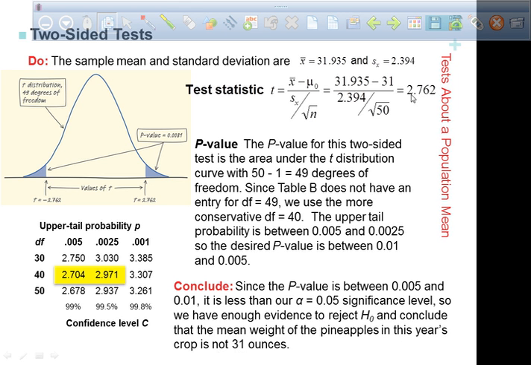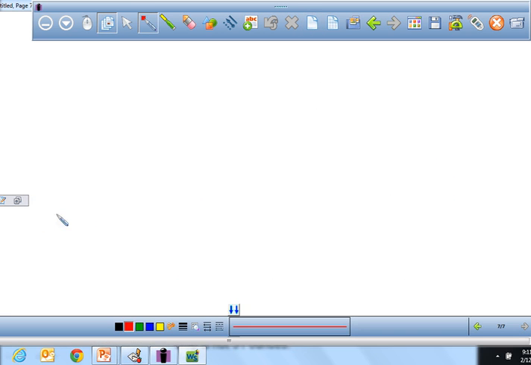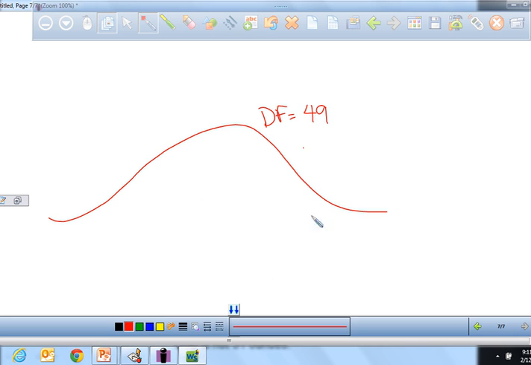If you use a T statistic, and use the calculator, and you don't want to use the chart, you can always just tell me what your T statistic is and plot it on a curve. So you would draw your curve, and you tell me that it has degrees of freedom of 49, and you plot it at 2.769, because that's your value, but remember it works at the negative 2.769 too, and this here and here.